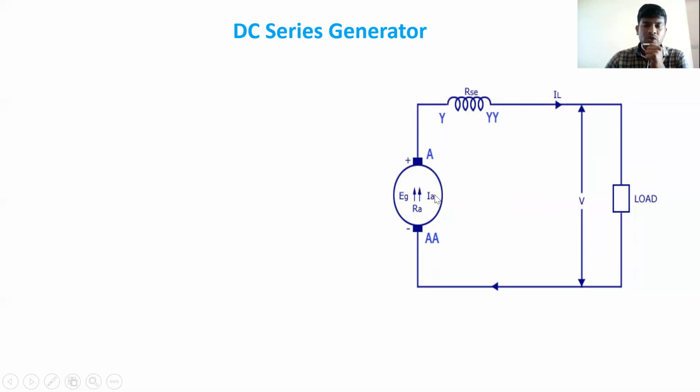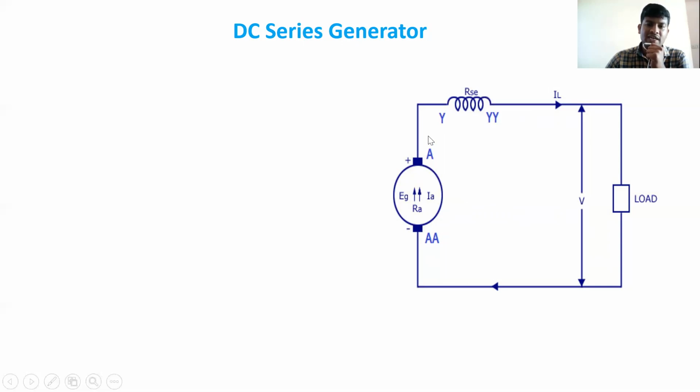Similarly, the generator current IA, the armature current, passes from the armature and enters the series field, and this series field may excite. That's why it is a self-excited machine. In this series connection, the current is the same throughout the circuit.